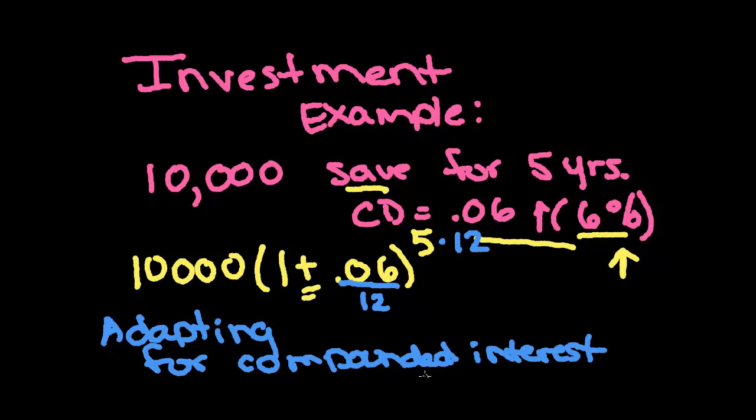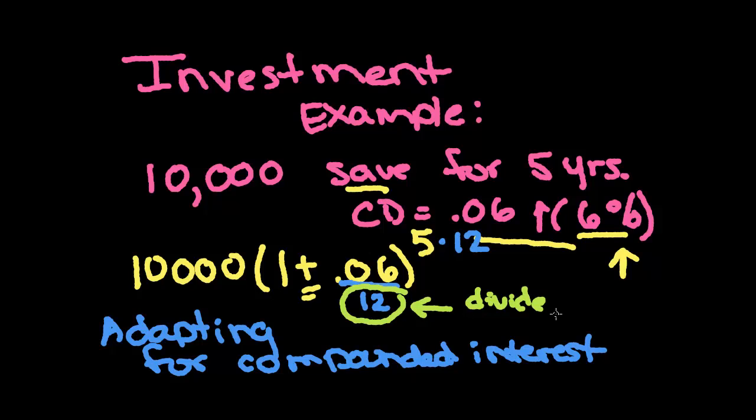So when you adapt it for compounded interest, the only change you have to make, and a lot of times teachers make you memorize this whole new formula, you don't need to do that. It's your same formula that you've been working with. The only thing that's different is that you divide here by the rate at which you're compounding. If it's monthly, you would divide by 12. If it's quarterly, you divide by 4.